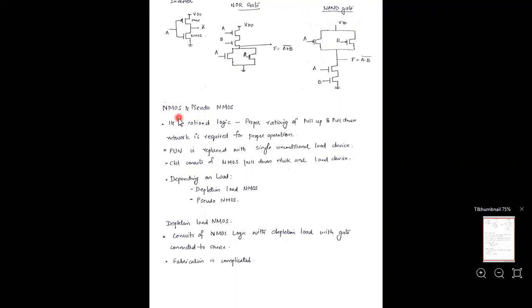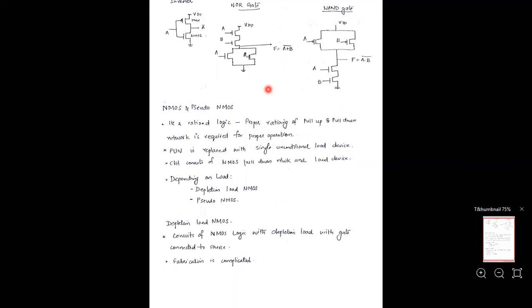Next logic family is NMOS and pseudo NMOS. It's a ratio logic. The proper ratioing of the pull up and pull down network is required for correct operation of the circuit. Here the pull up network is replaced with a single unconditional load device.